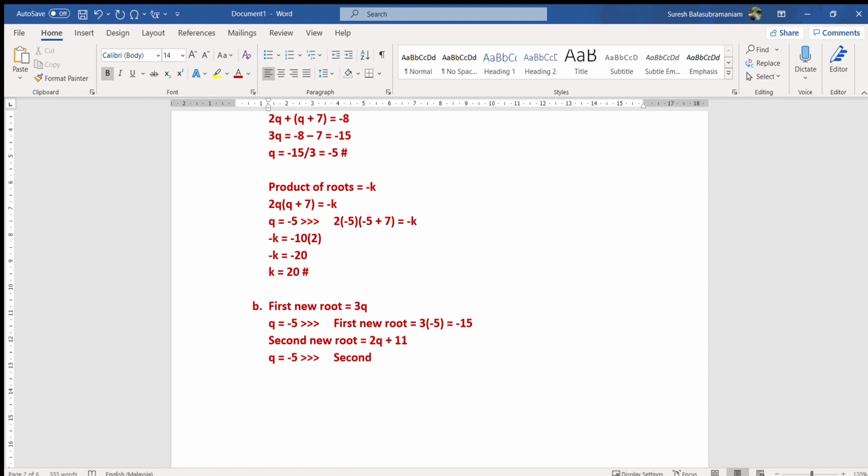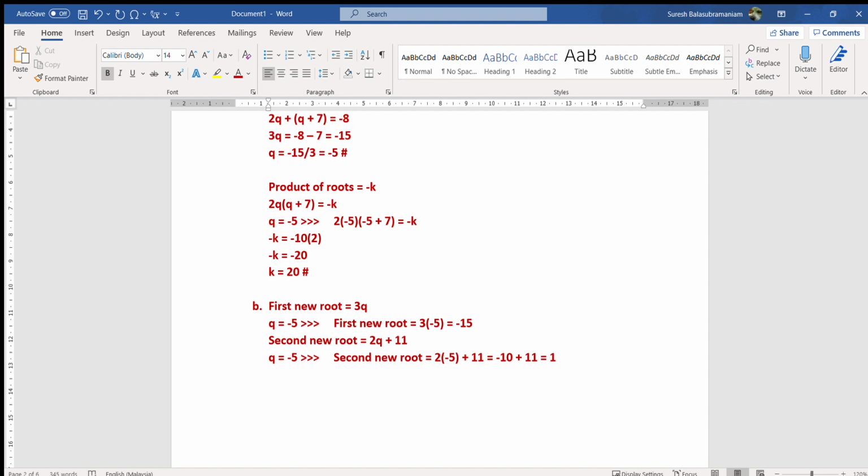Second new root, so we get 2 times negative 5 plus 11, we get negative 10 plus 11, get 1.